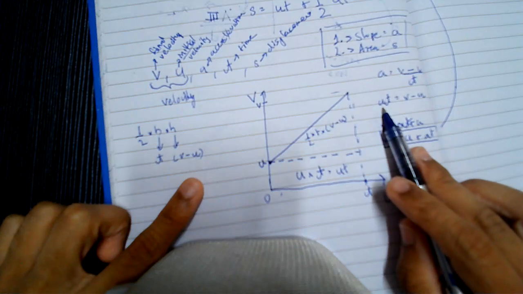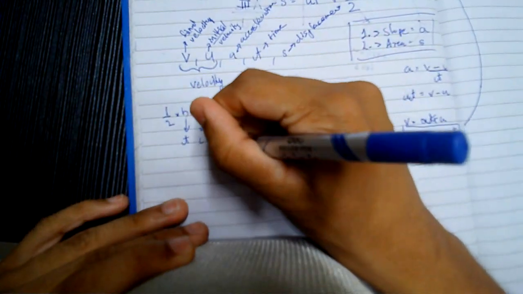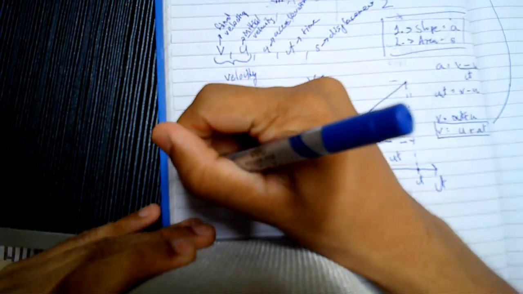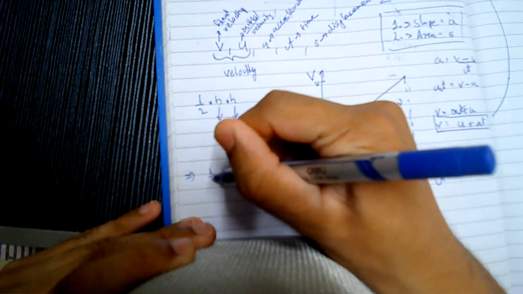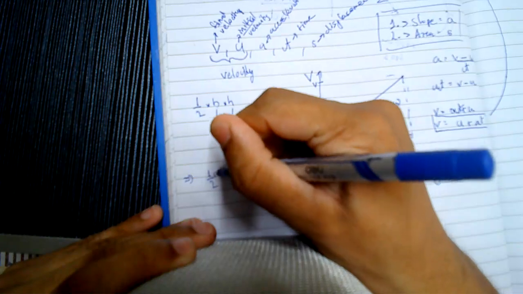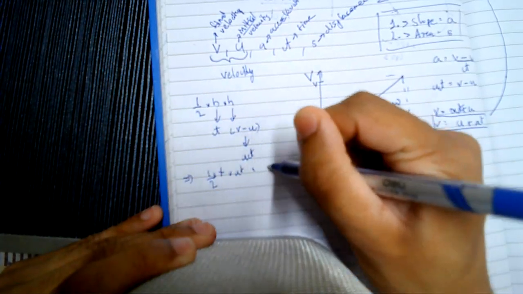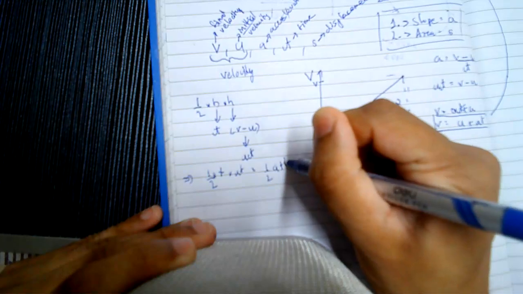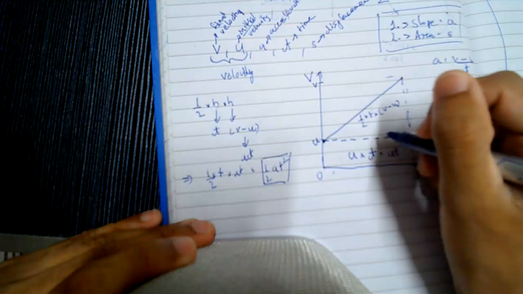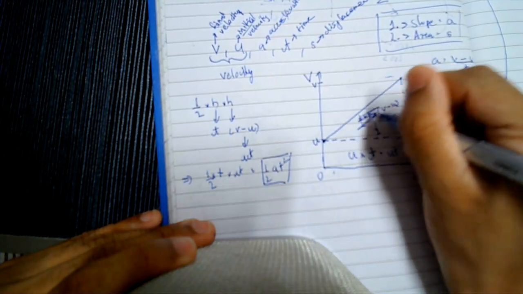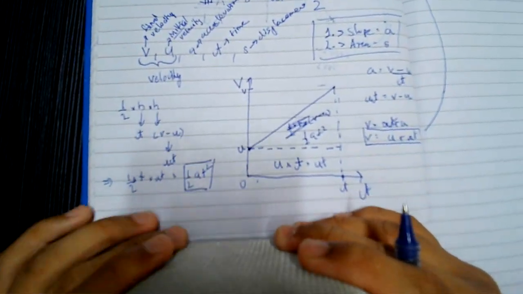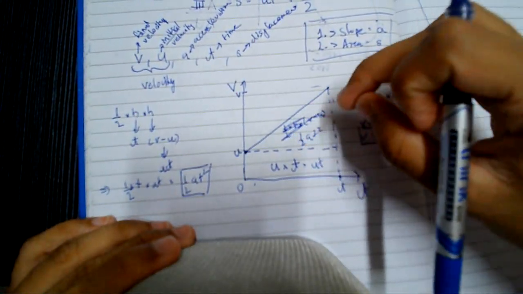So I can replace v minus u with at. My whole expression becomes half into t into at, which is half at squared. Now the area of the triangle becomes half at squared.